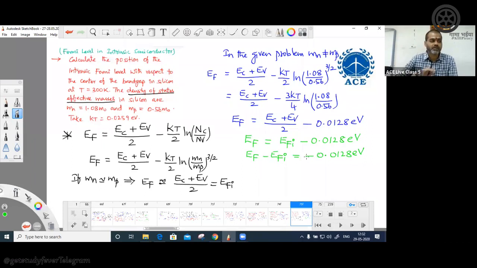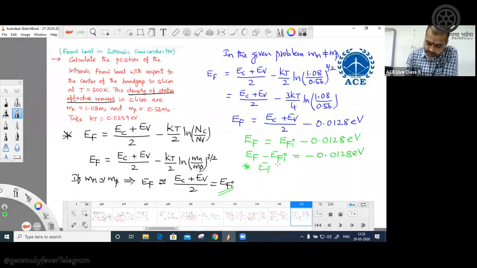EFI is the middle of the energy gap we have taken. So EF is less than EFI, no? Because I am getting the negative value. EF less than EFI means it is located below the middle of the energy gap by 0.0128 electron volts.